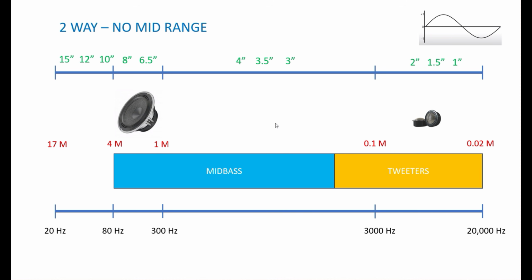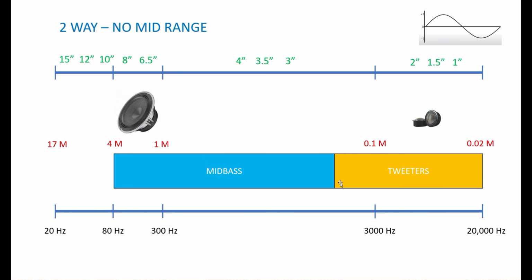I much prefer three-way systems, and the reason for it, as we just said, is this mid-bass will play 1,000, 2,000 hertz, whatever it is that the crossover is going to be, but is it going to be as clean and as nice as if it was being played by a speaker that is the right size to play it? Now, I know you can buy component systems where the mid-bass and the tweeter are paired to do this.